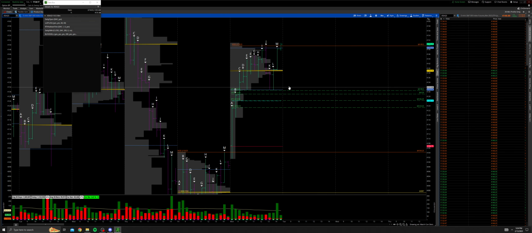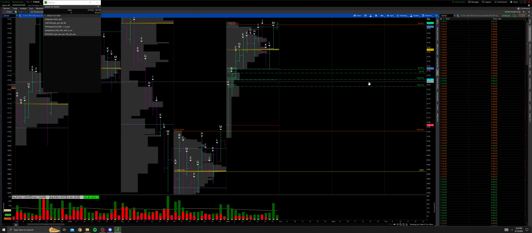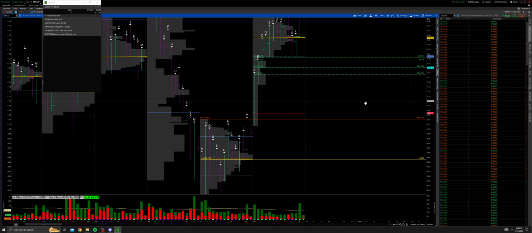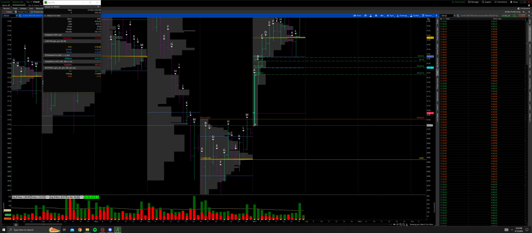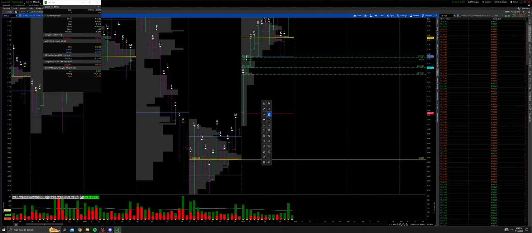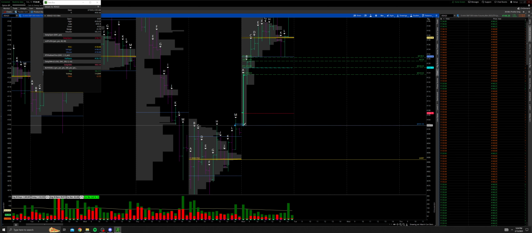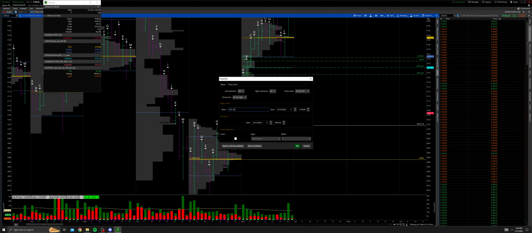They fill at 41.29. Then the next set starts at 41.26.25. They fill at 41.23.25. And then we have today's low of day down here at 41.01.50. Once I get this marked, we'll go over some if-then statements on these destinations and what to look forward to in tomorrow's trading day.